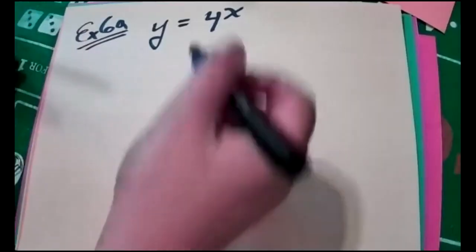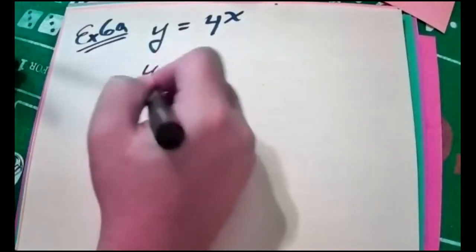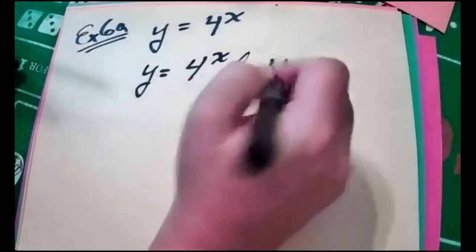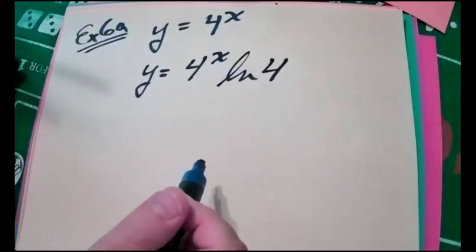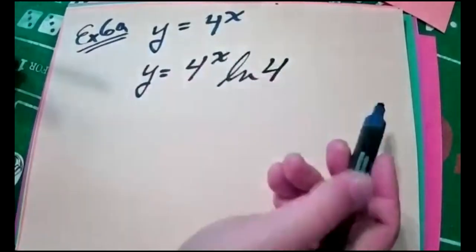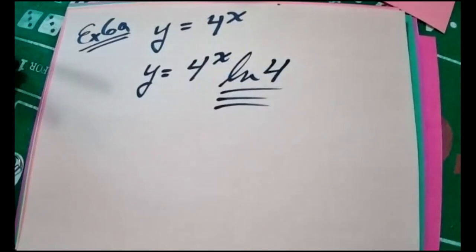Now again, this is a constant to a power like e, but since it's not e, we have to compensate. The derivative will be, of course, what you're looking at, but to compensate, we multiply by the natural log of that base, and now you have your solution. Finding the derivative of an alternate base to the x is really very simple. Just don't forget to multiply by the natural log of that base to make it correct, and now you have the right derivative, all right?